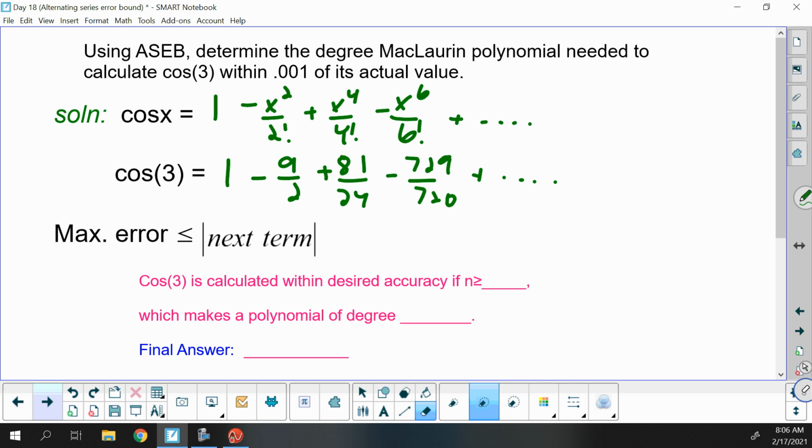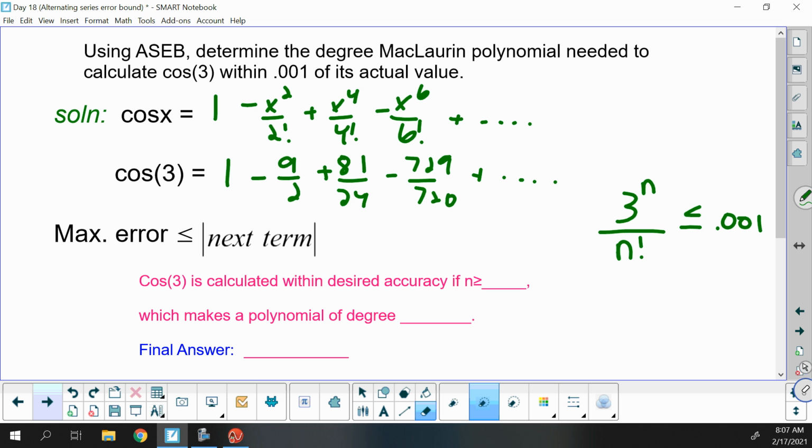So when we subbed in 3, notice our basic setup is we had 3 to a power over that same factorial for the power. Because when we do alternating series error, we have absolute value. So really what we're going to work with is 3 to the n over n factorial, and we need that to stay less than or equal to 0.001.